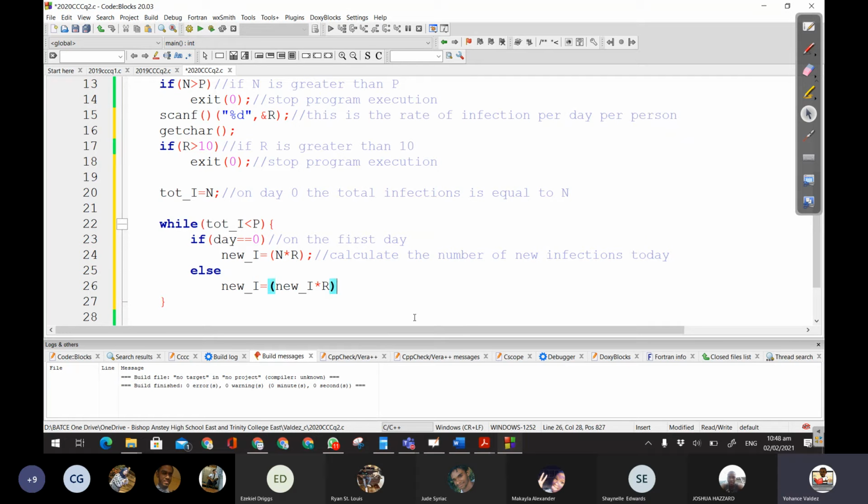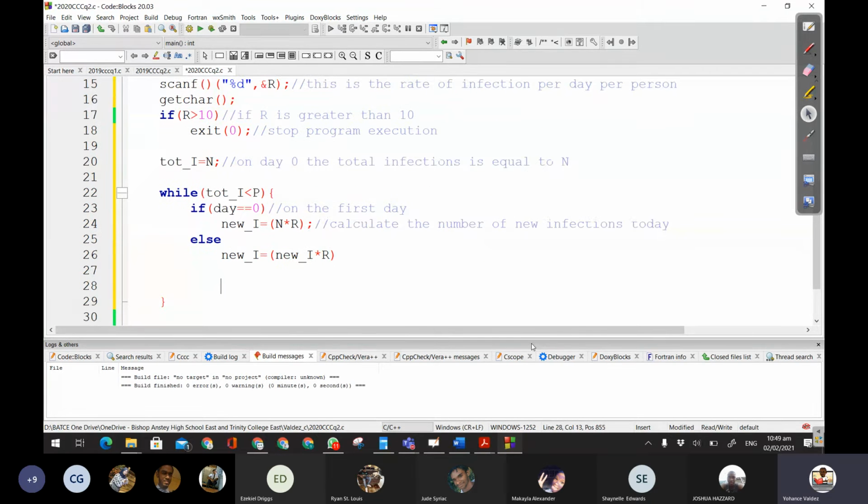So on the original day, we could have a certain amount of people infecting the new amount. But after that, we have to say the new infections will be how many people from yesterday multiplied by the rate of infection. And every day, we want to carry the day value up by one, so day plus plus.